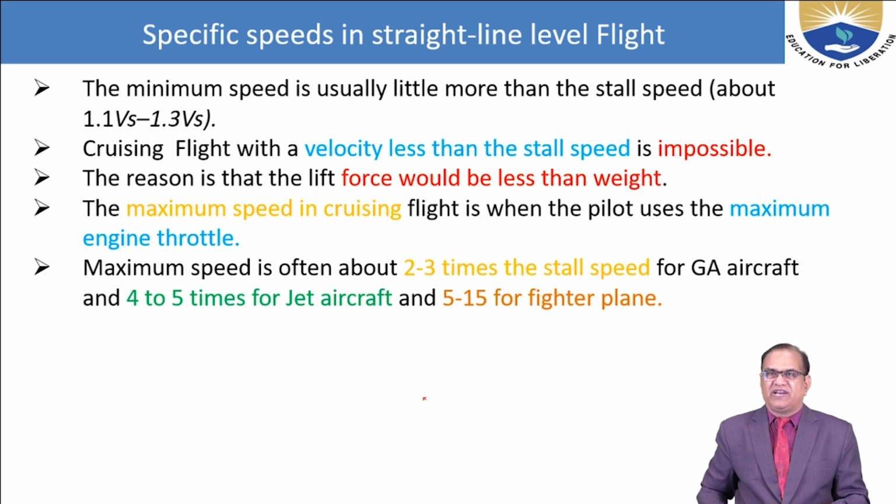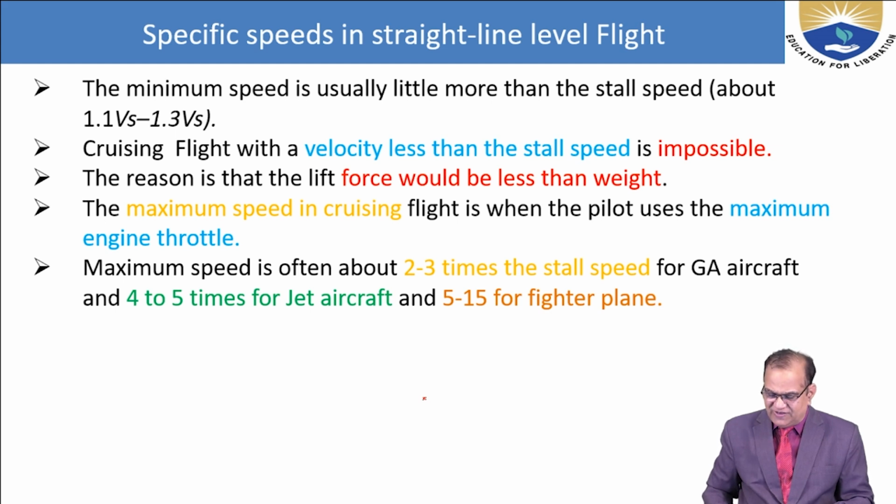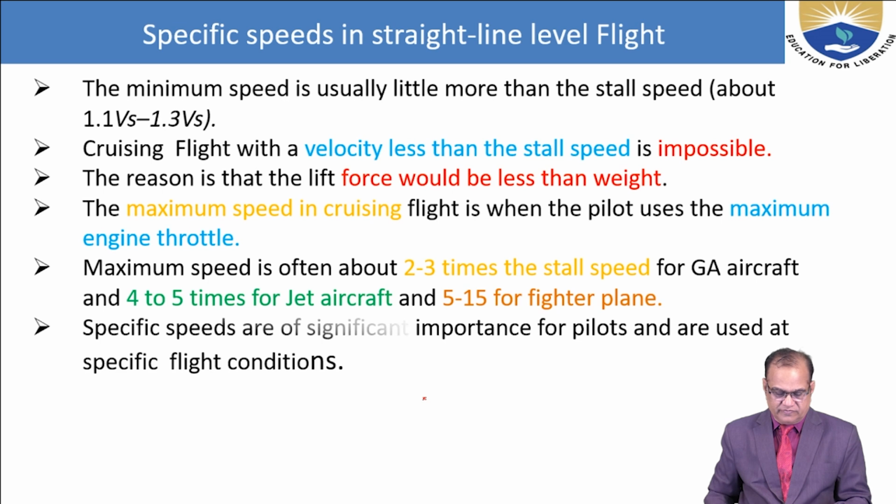Maximum speed is often about 2 to 3 times the stall speed. So if the stall speed is 100, your maximum speed may be 300 for general aviation aircraft, and 4 to 5 times for jet aircraft, and 5 to 15 times for fighter aircraft.